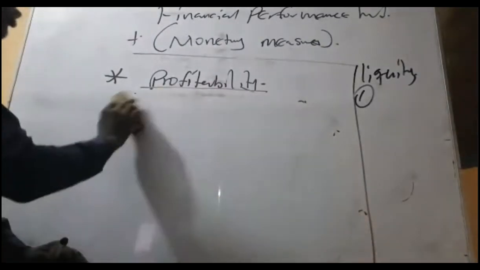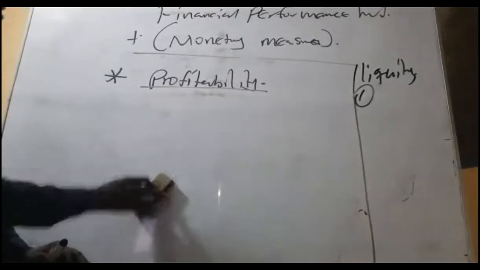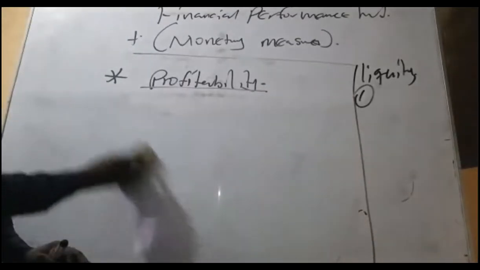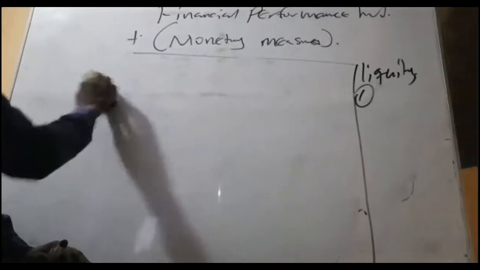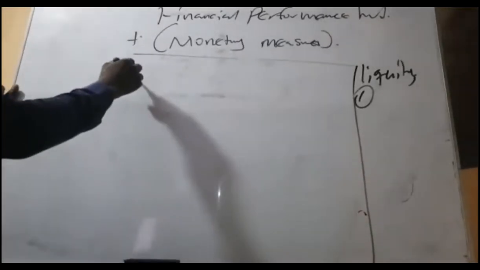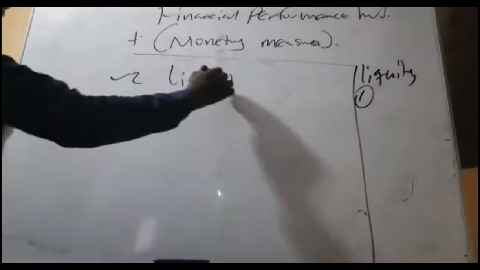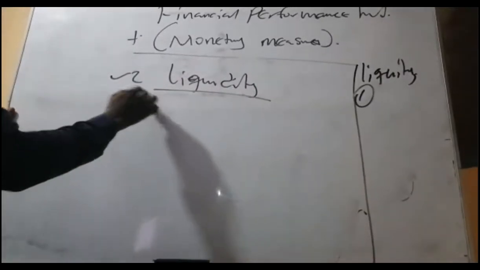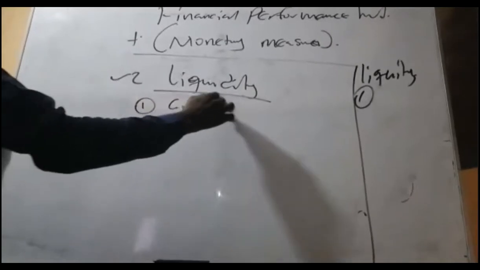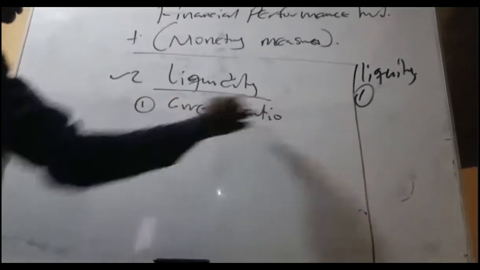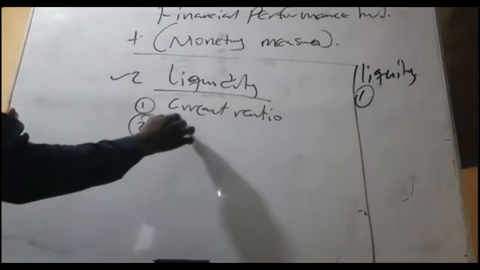Current ratio, quick ratio, then the working capital. For liquidity, we can use, one, current ratio. Two, quick ratio.